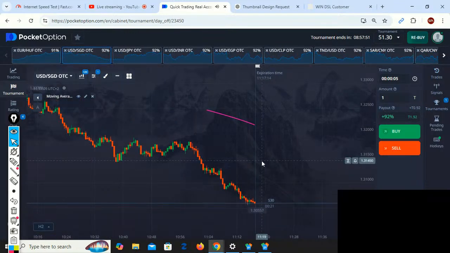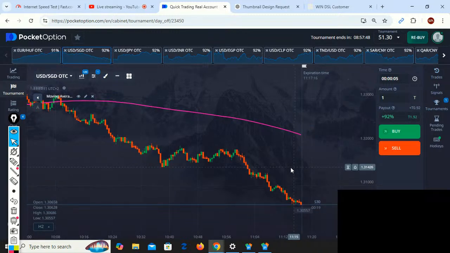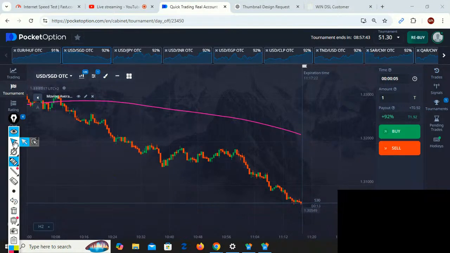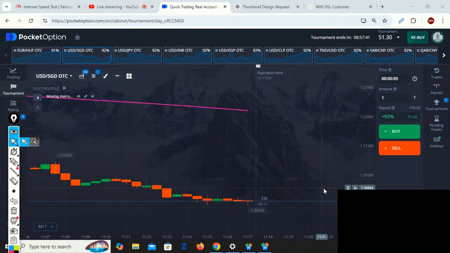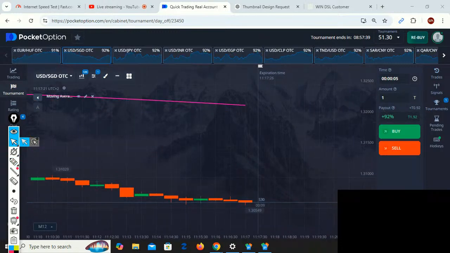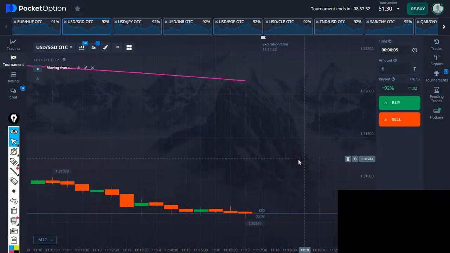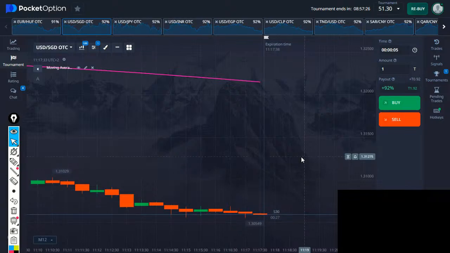Look at this, very powerful sellers, strong downwards momentum. So we'll also go for sells. Do you want me to remove the rules that I've put in place?